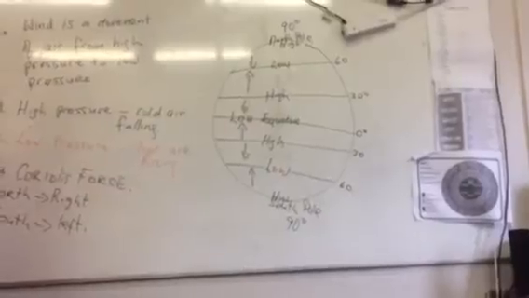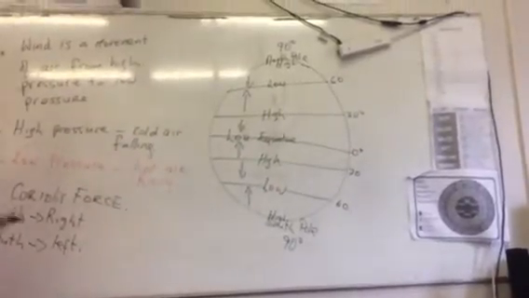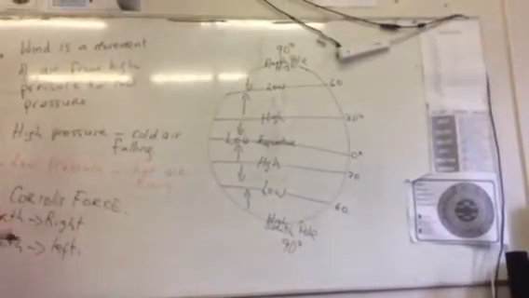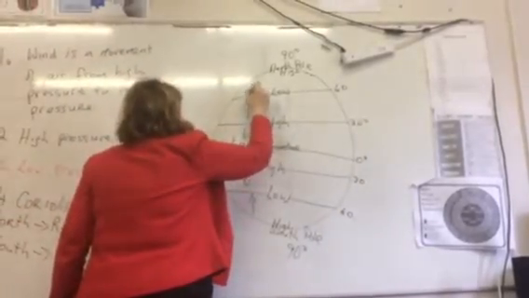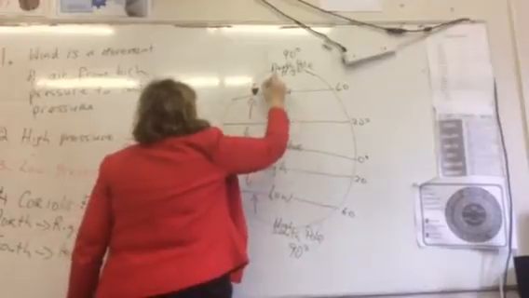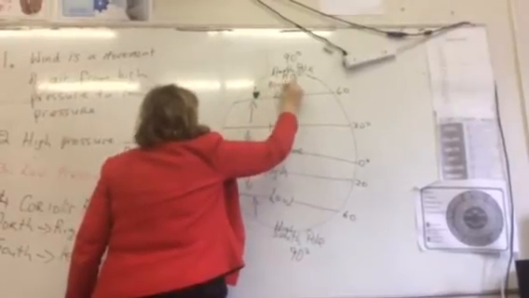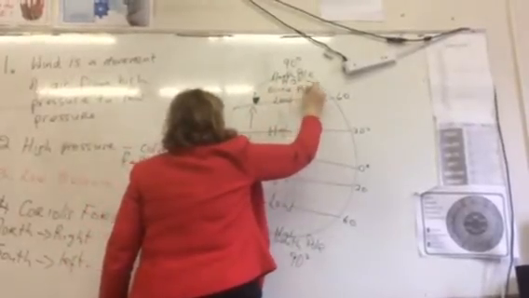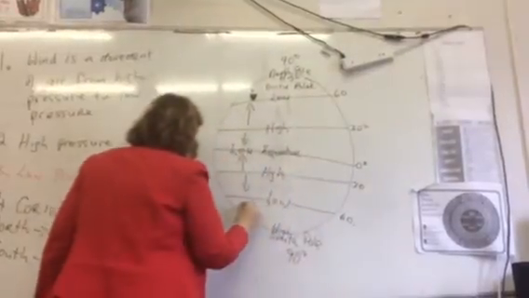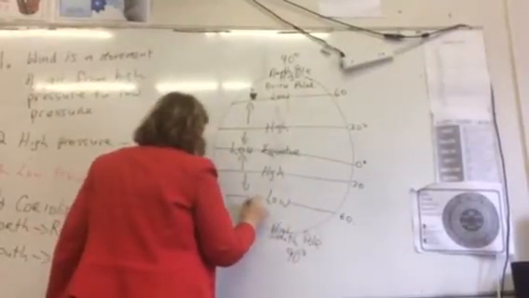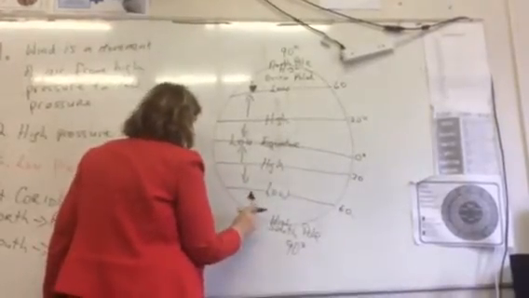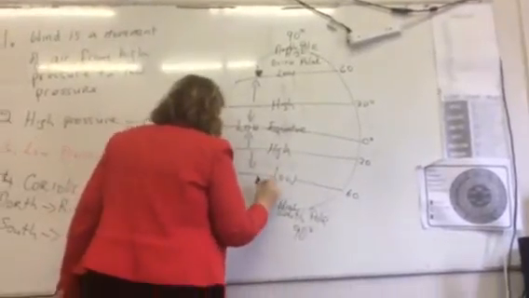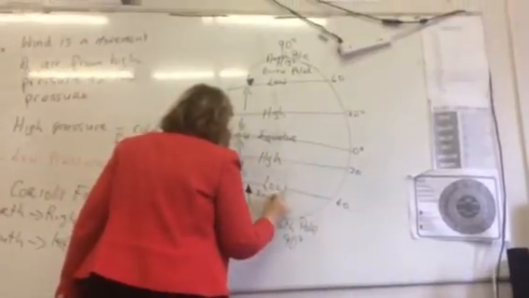Now, the Coriolis force does not happen at the poles, so the wind just stays the way it is, and that wind is the north polar wind. And the same down here. And winds are named after where they come from. That's coming up from the south, so that's the south polar.